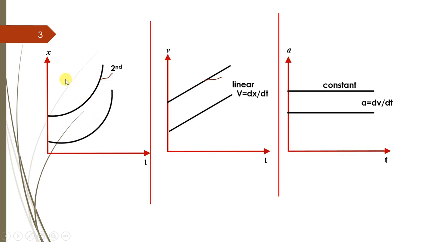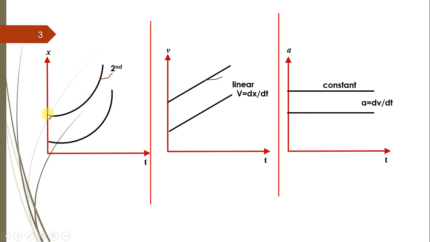Like here, in the first figure on the y-axis the position coordinate x is there, and on the x-axis the time interval t. In the second figure, the velocity of the particle on the y-axis varies with respect to time t on the x-axis, and in the third figure the acceleration a varies with respect to time on the x-axis. The resulting curves are called motion curves.